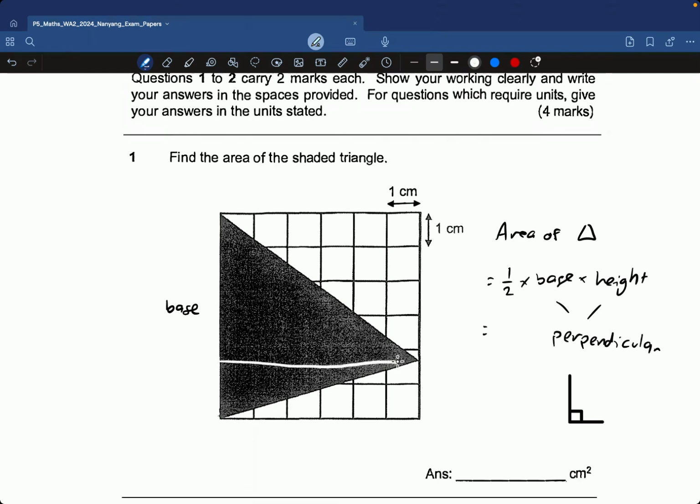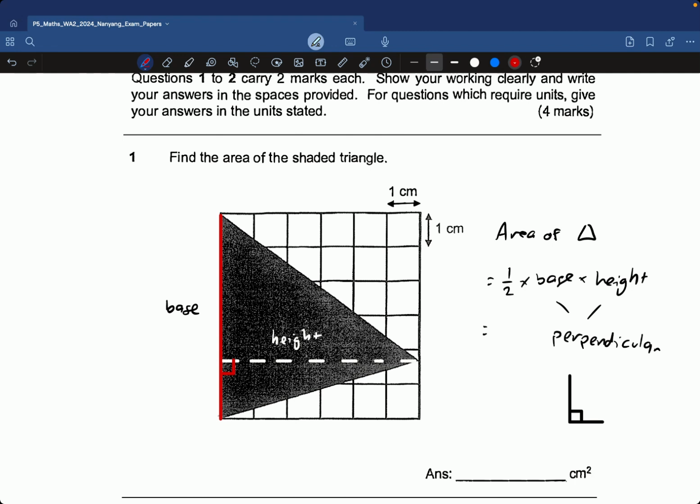The base is this red line, and the height meets the base at a right angle. We usually draw the height as a dotted line. So that's the height and that is the base, because they meet each other at 90 degrees, or perpendicular.